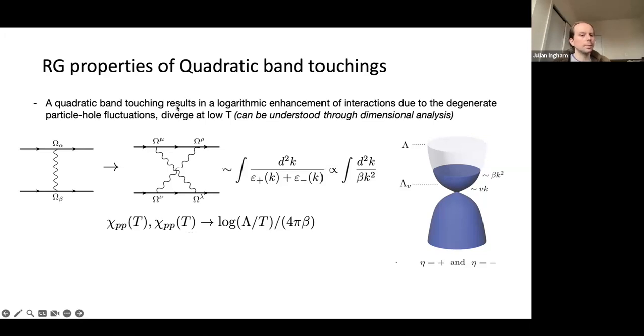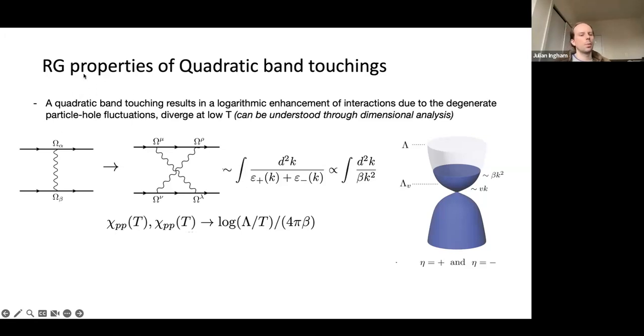In the denominator, we have something that scales as k squared, and the fermion phase space in 2 dimensions also scales as k squared. And so by dimensional reasoning, there's a typo here. One of them should be chi pH. But these chi's are basically the particle-hole and particle-particle susceptibility.